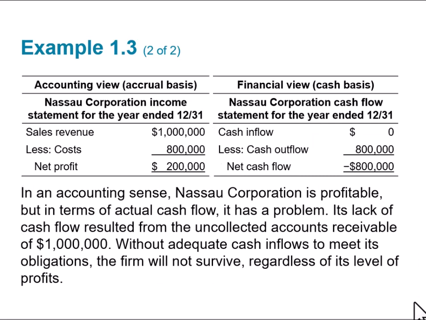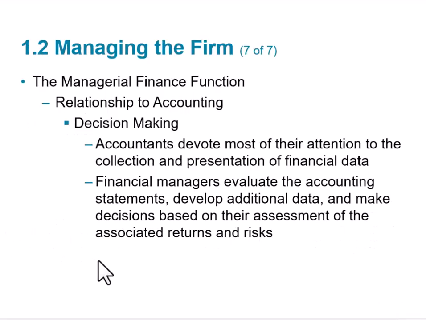So if we have to pay this tax bill, where's the money going to come from? We don't have any money, right? No money has come in the door yet. So the difference between profit and cash is very important. We only want to recognize and utilize variables when we can identify and actually use the cash. So cash flow is critical.